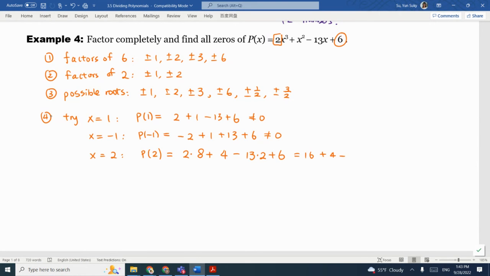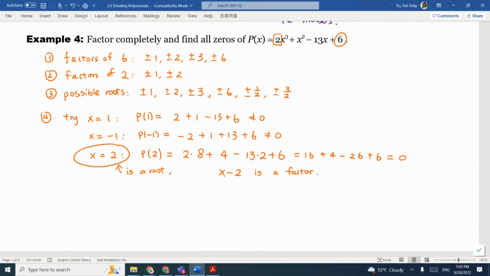What is? Yeah, and then plus 6. Oh, what happened? Equal to 0. How nice. So x equals 2 is a root. If x equals 2 is a root, what is the corresponding factor? X minus 2. Yes. So x minus 2 is a factor.